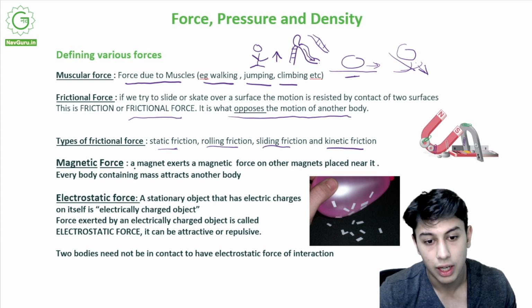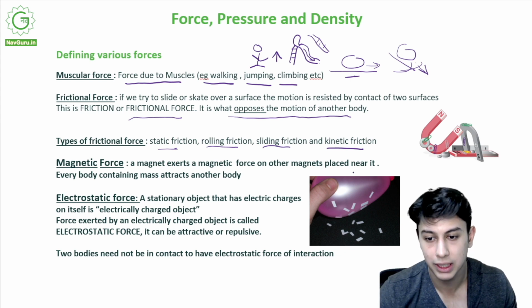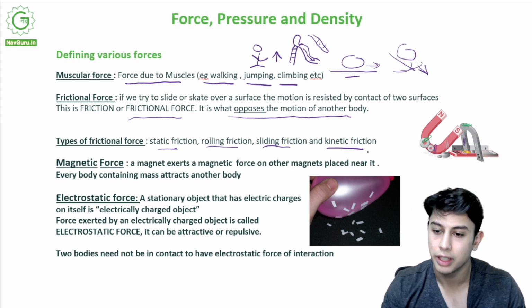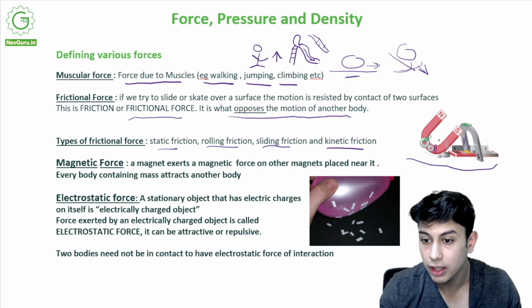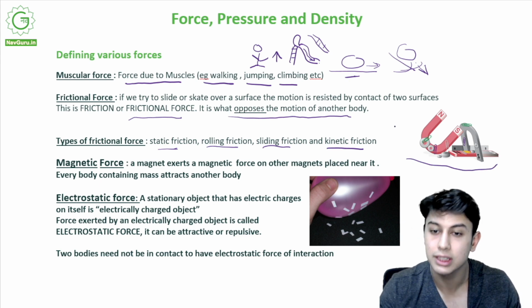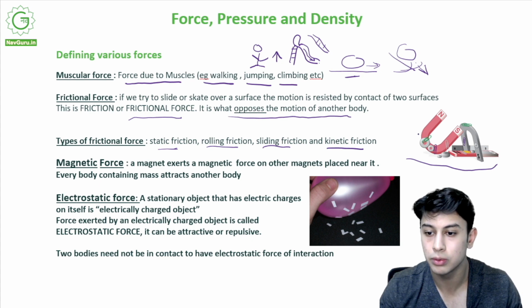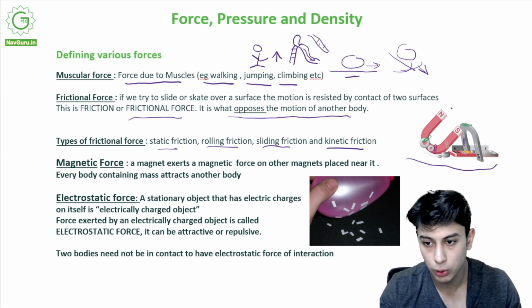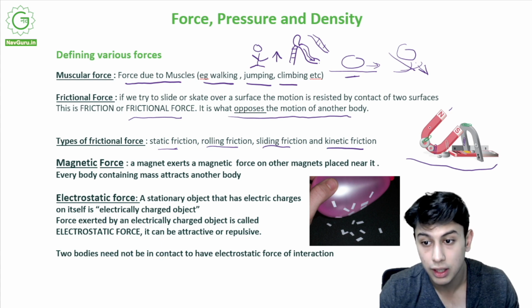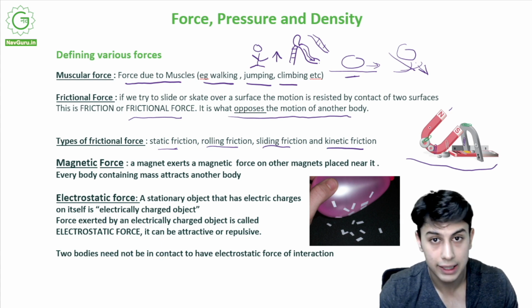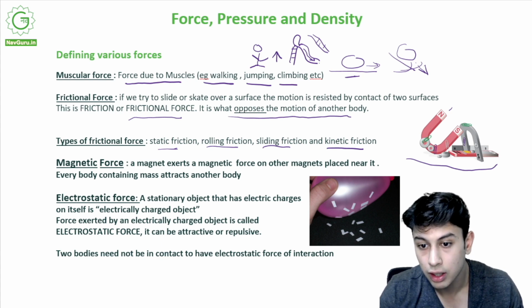Magnetic force. A magnet exerts a magnetic force on other magnets placed near it. Here you can see the image of a magnet. A magnet exerts a force, it's a pulling force. When it's attracting, it's a pulling force. North and south attract, north and north repel. Like poles repel, unlike poles attract.